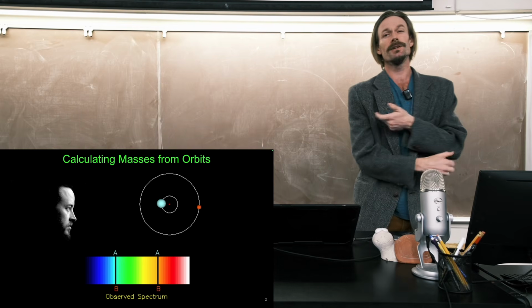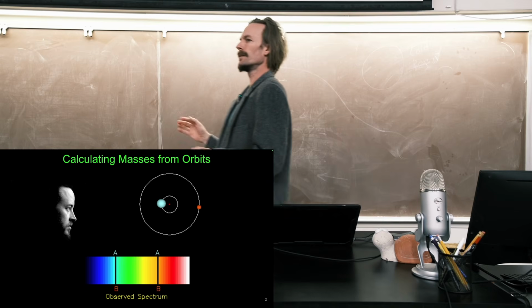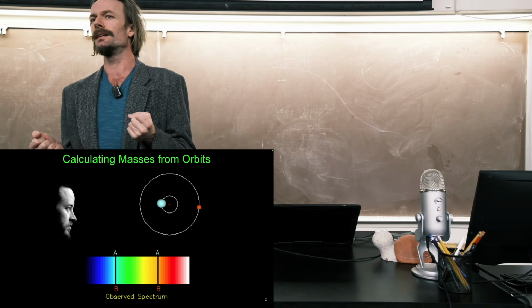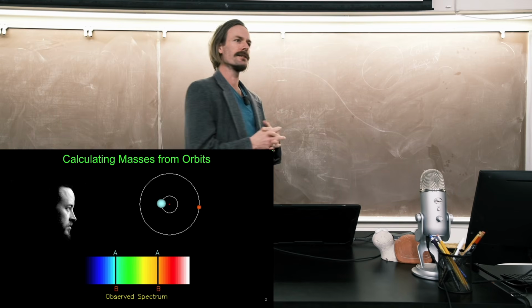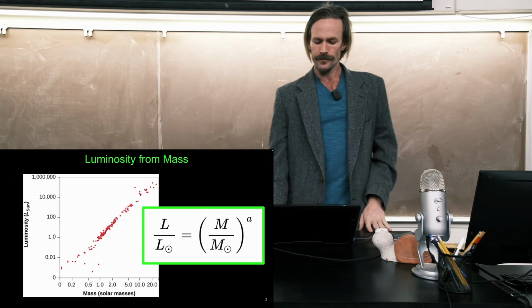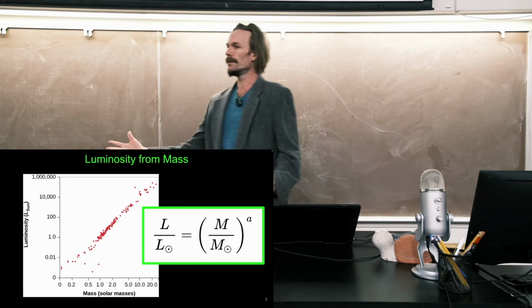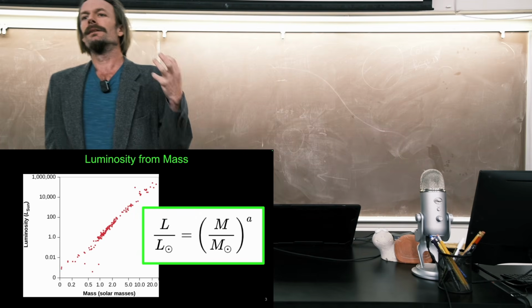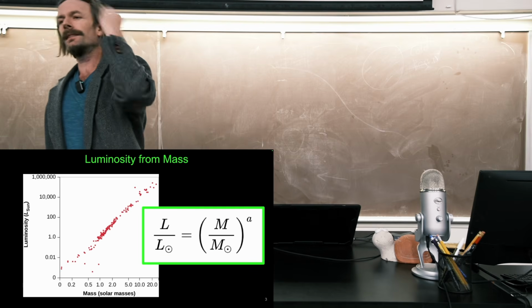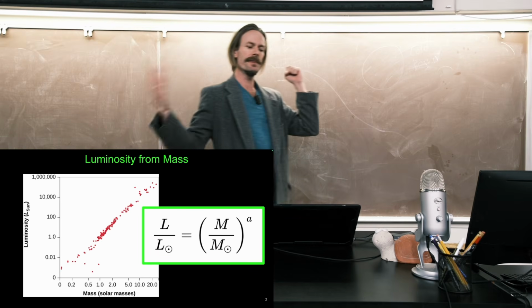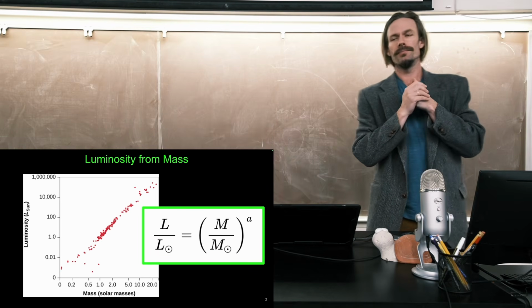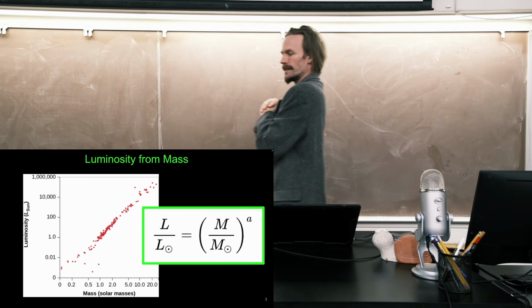Once you know the orbital motion, you can back calculate the size, the mass, let's say, the gravitational interaction of those two bodies. So we look out, we understand the masses of these two bodies, and from that we can back calculate the true luminosity.